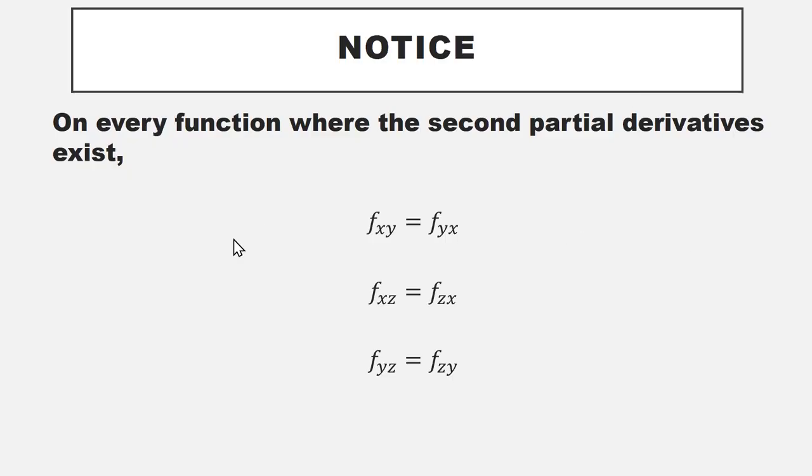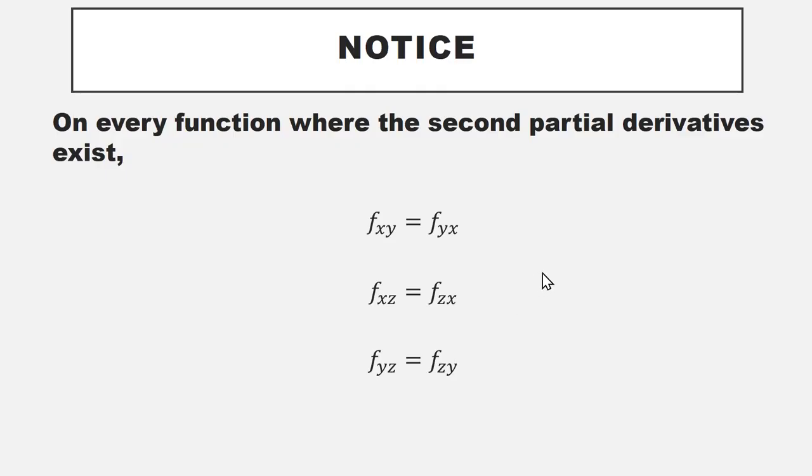So I wanted to make that clear on the second partial derivatives where we have mixed derivatives: f sub xy and f sub yx are the same. F sub xz and f sub zx are the same, and f sub yz and f sub zy are the same.